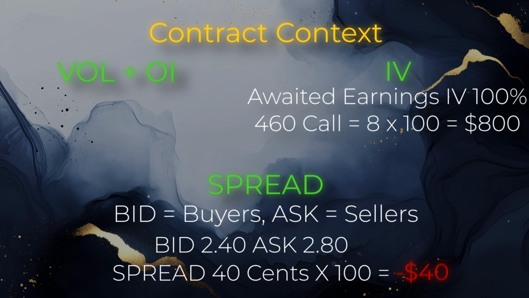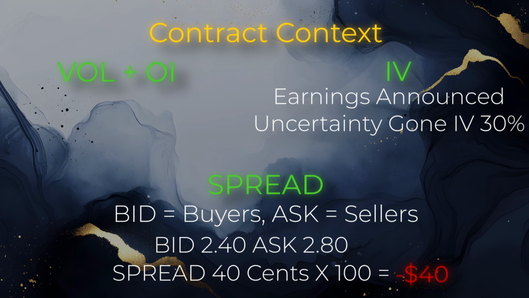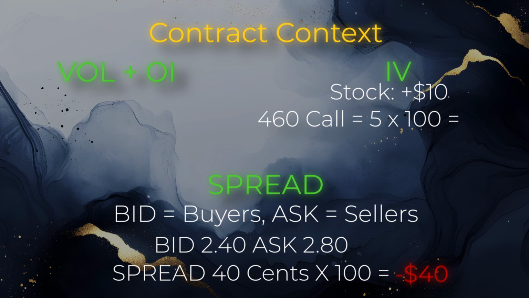IV spikes to 100 and the $460 call costs you $8. The day after earnings, the results are out, the uncertainty is gone, and IV collapses to 30. Even if Tesla jumps 10 points, that same contract might now be worth only $5. That's IV crush. Your premium got wiped out even though you were right on direction.